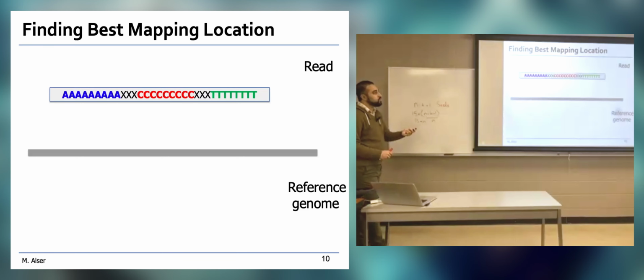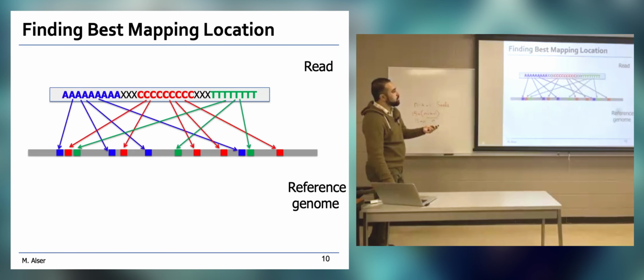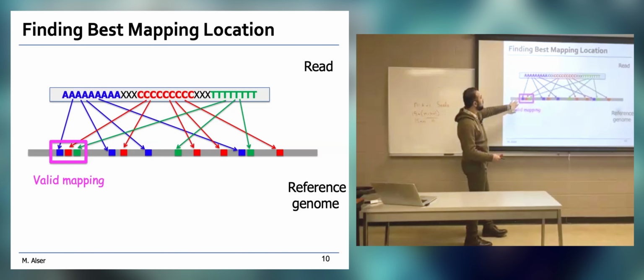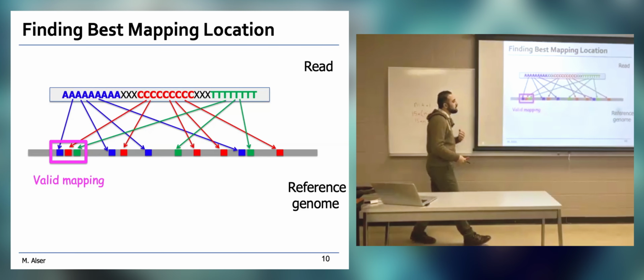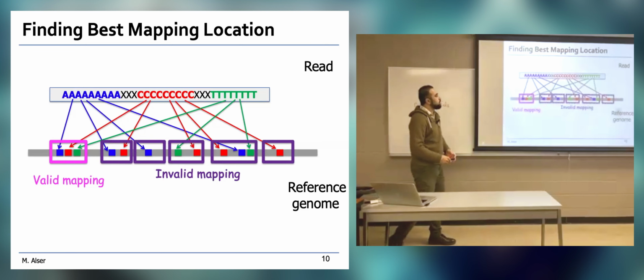So what we do, we extract those seeds, assuming we are going to extract only 3 seeds out of this read. And then we try to match them with the seeds extracted from the reference genome. And assuming we got a lot of hits or matches, our goal is to play with this information and try to calculate what would be the optimal location.